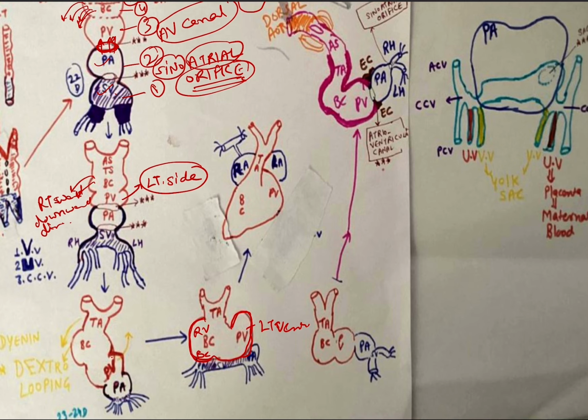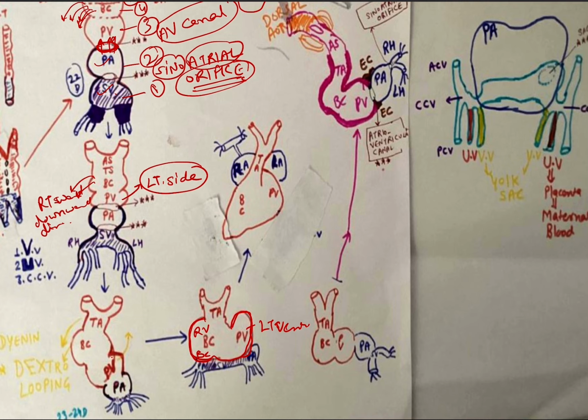Now what happened with the lower pole? The lower pole, which is composed of the primitive atrium and sinus venosus, goes posteriorly. This is a difficult part because I cannot explain how posteriorly a tube is going.